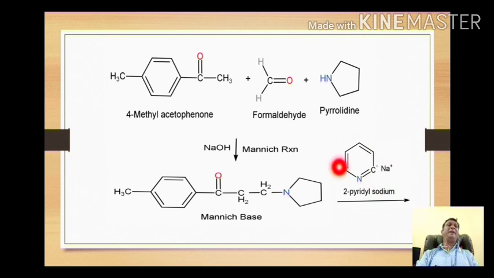So pyridine with its second carbon or second position acquiring the negative charge will act as a nucleophile. So this nucleophile attack on this carbonyl carbon to bring nucleophilic addition reaction, which is characteristic of the ketones.